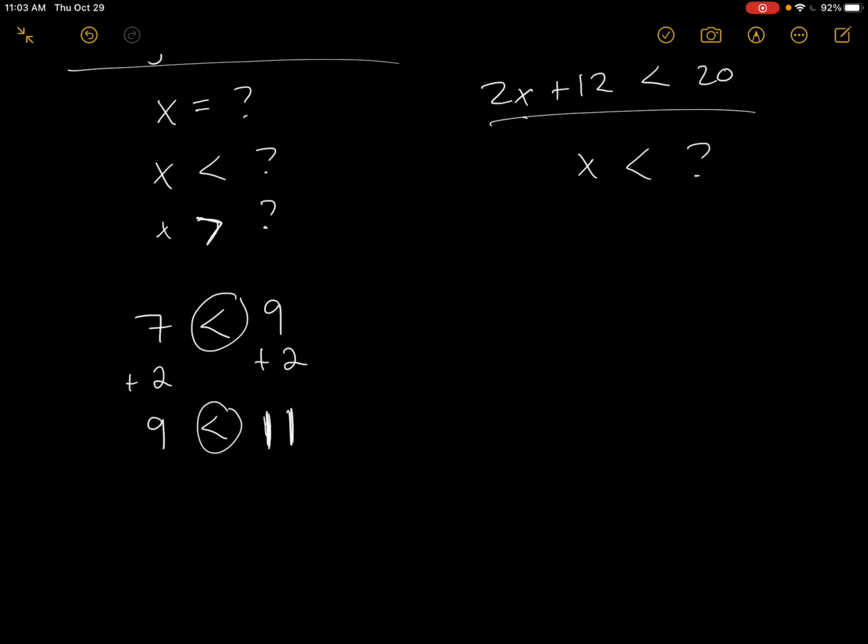So essentially you transform just like an equation. In an equation, in order to keep both sides equal, you need to add the same thing to both sides. Same thing here.